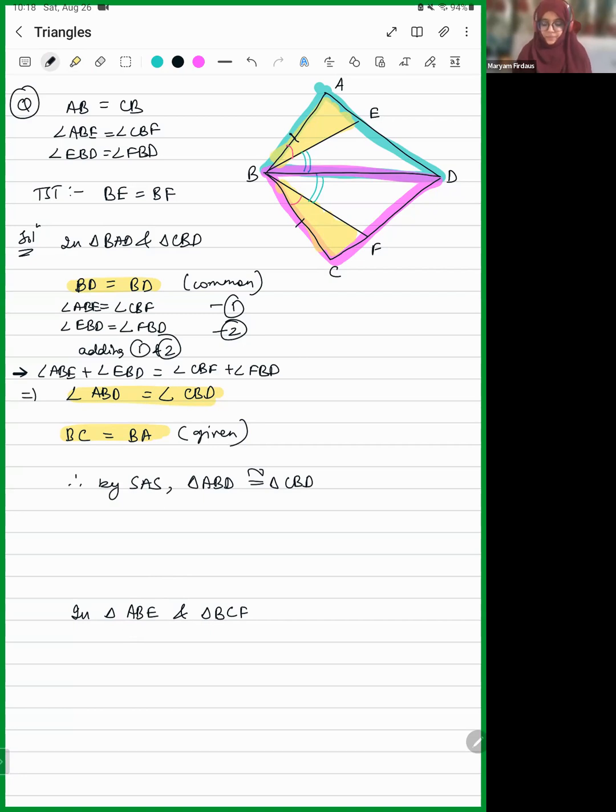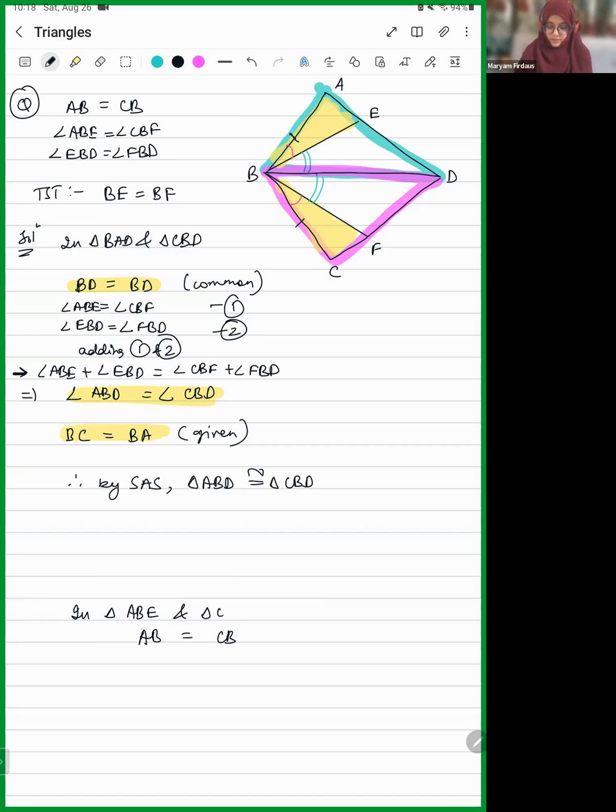In these two triangles, the yellow ones, which I've colored yellow, what all is equal? BA is equal to BC. Okay. AB equals BC, then BC is common.